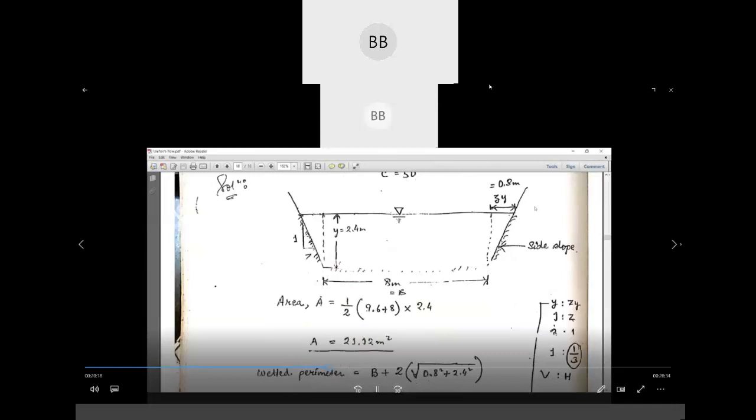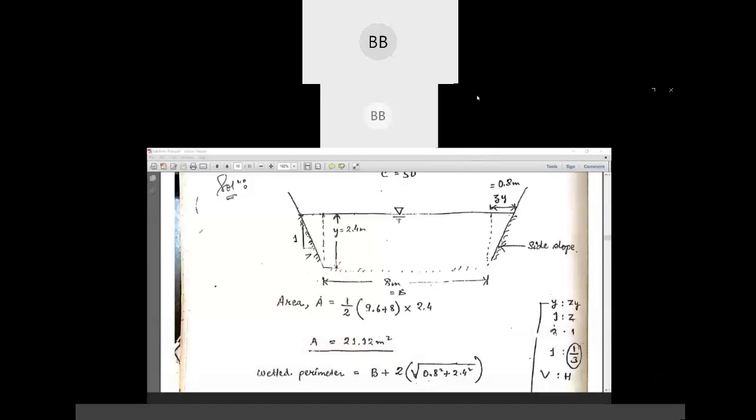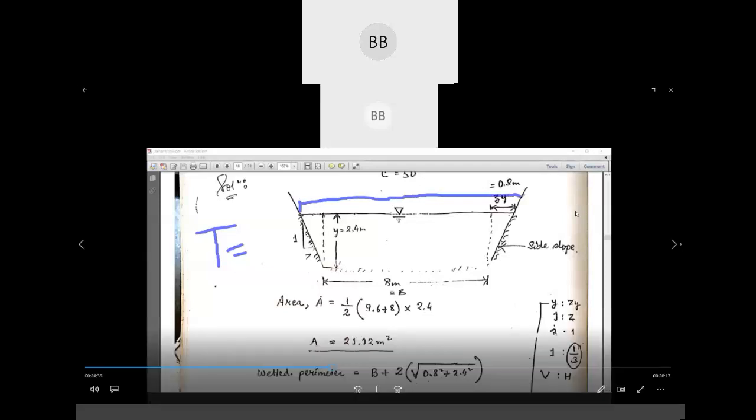Now we need to find out the top width. For top width, from here to here, from this distance till here, first this portion will come.